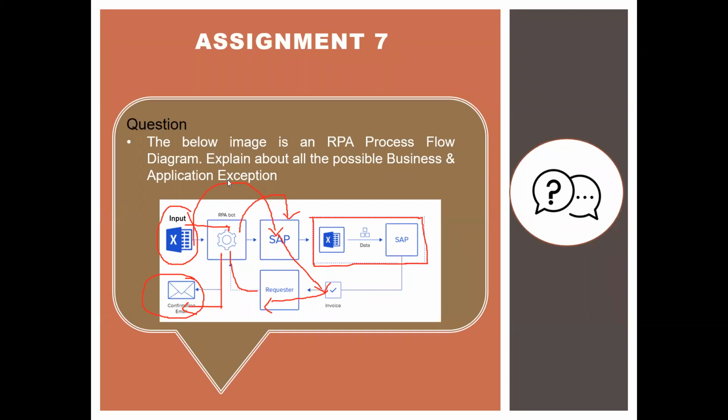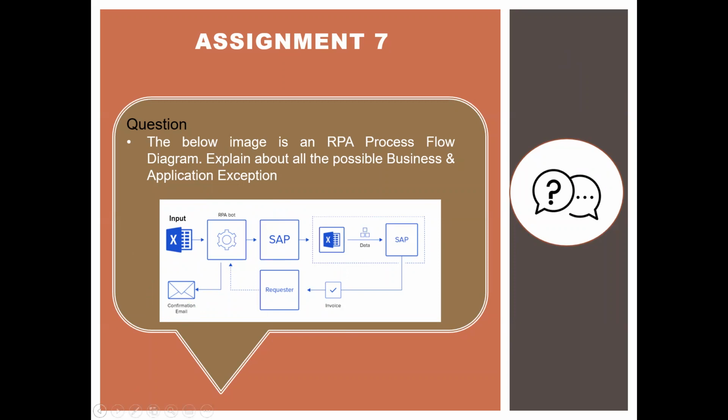So utilize this diagram to understand the exceptions that might occur. And you need to write down the exceptions, as I have already discussed: there is a business exception, there is an application exception, there is a known exception, there is an unknown exception. So you need to write.